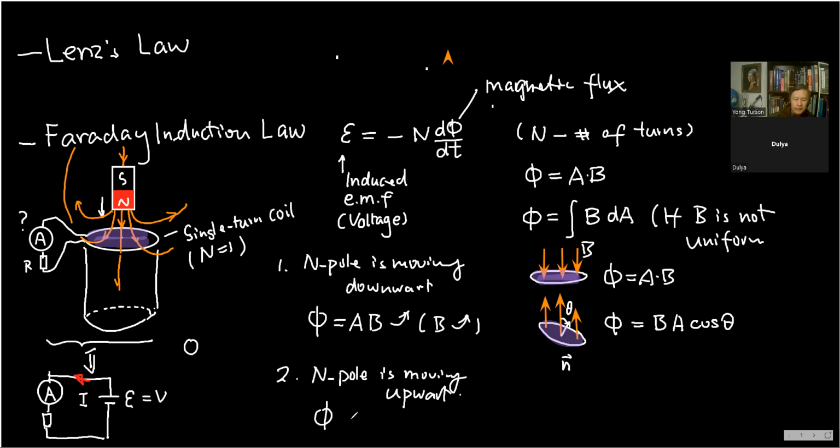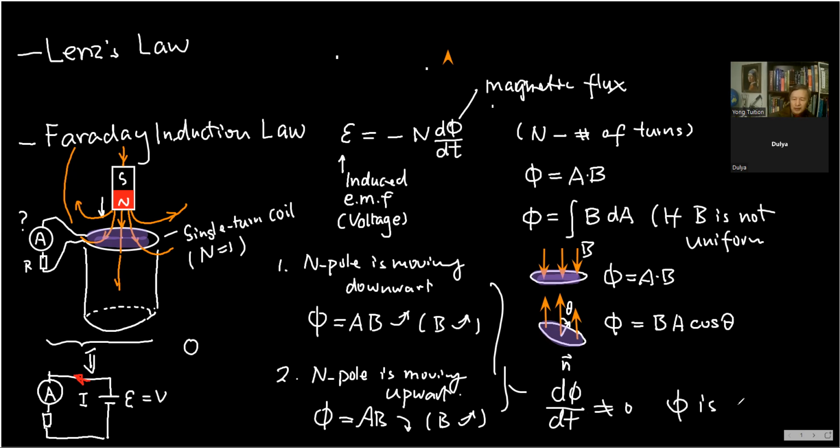It'll decrease, because B is changing. So according to Faraday's law, in both cases, d phi/dt is not equal to zero. It's changing, do you agree? Because phi is changing. But Faraday didn't tell you the direction of current.